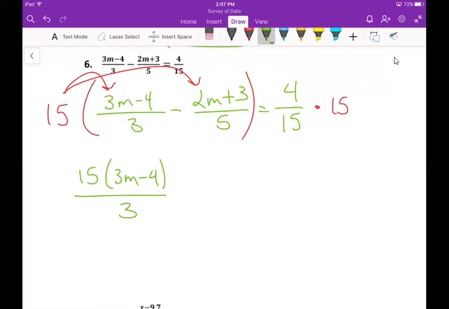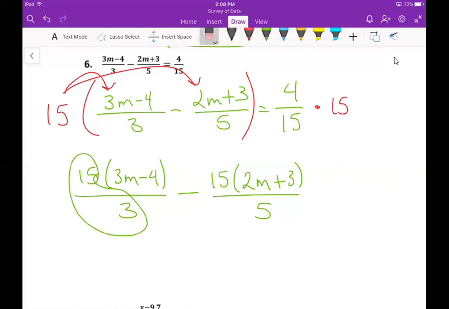I really want you to understand what's happening here. Minus 15, and that 15 again needs to always get distributed through your denominator. So we've got 15 over 5 there for the second fraction. We're going to reduce these here in a second. Now that's equal to, on the right-hand side, we've got some awesome simplification that happened. 15 divided by 15 cancels, and we just have a 4.